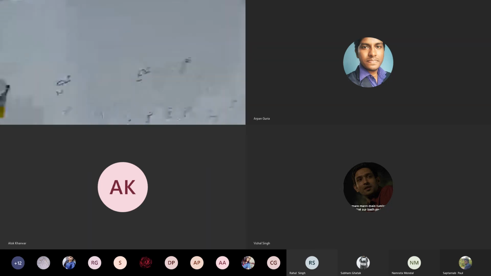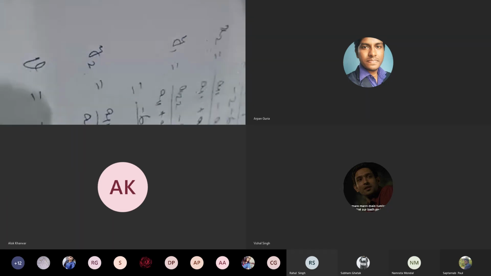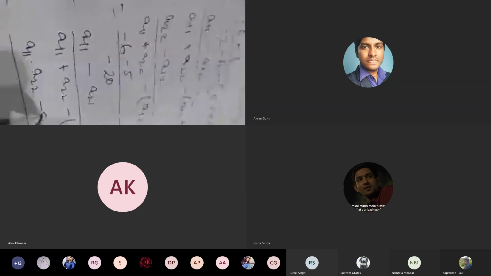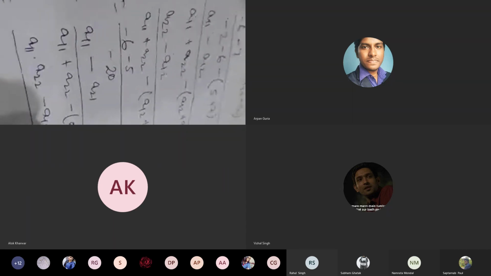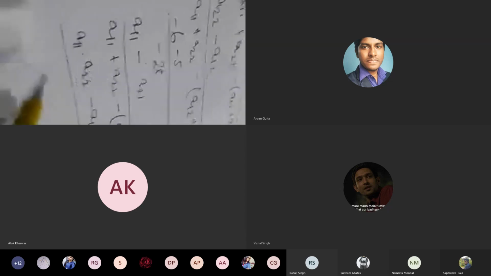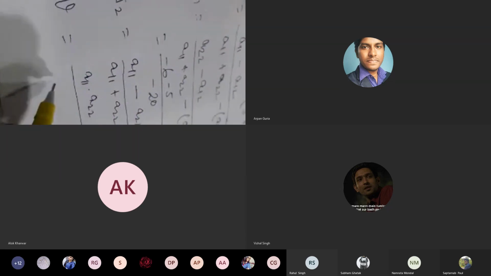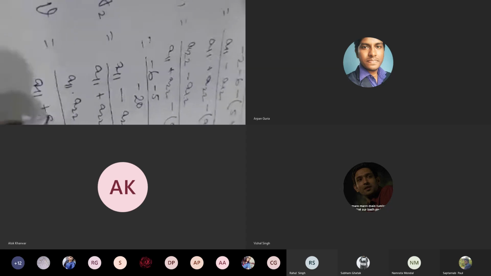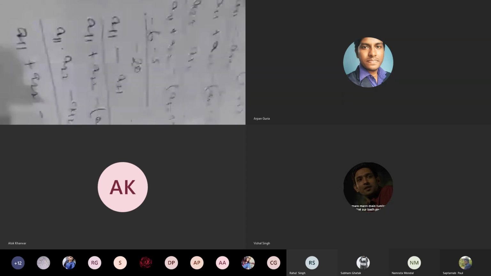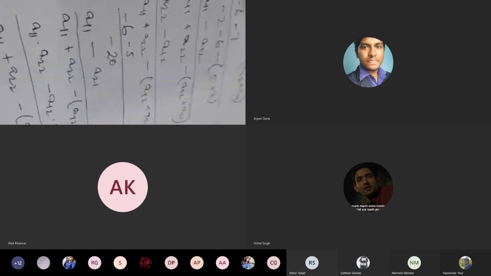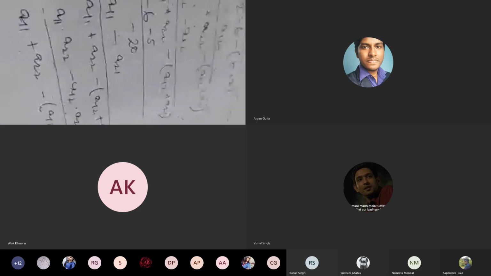And the value of the game V is equal to, what is the formula? (A11 into A22 minus A12 into A21) whole divided by the same denominator, A11 plus A22 minus (A12 plus A21). The denominator is the same, minus 20.